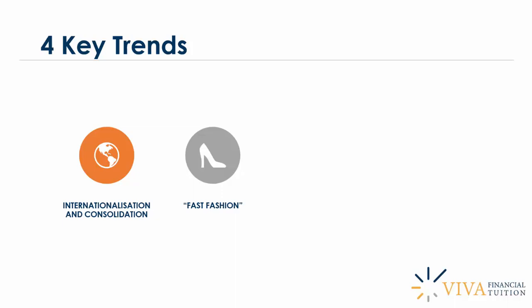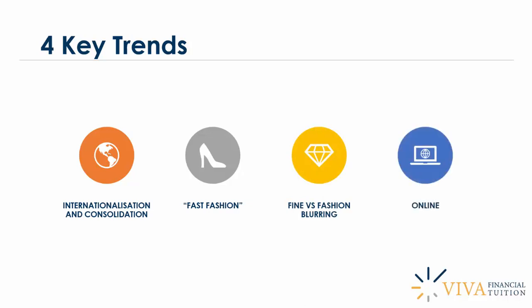Fast fashion, based on some of what we've seen in the apparel and clothing industry more broadly speaking, and the idea is that some of this is actually beginning to seep through into the jewellery market. Fine versus fashion, apparently the line is blurring, and we'll come back to that. And of course, as we mentioned in the previous slide, the online market is becoming very important indeed. So we're now going to take each of these 4 key trends in turn and look at them in a little bit more detail.